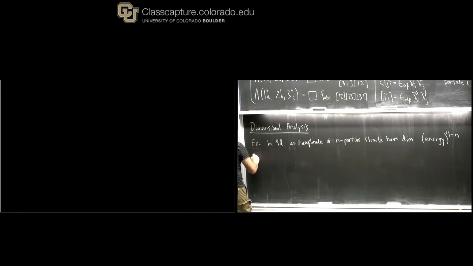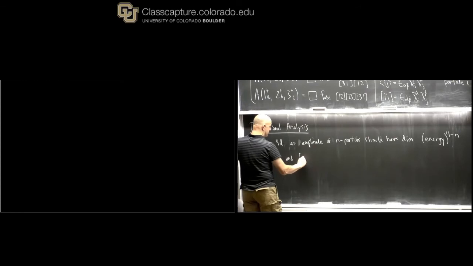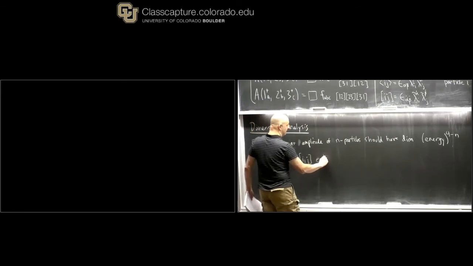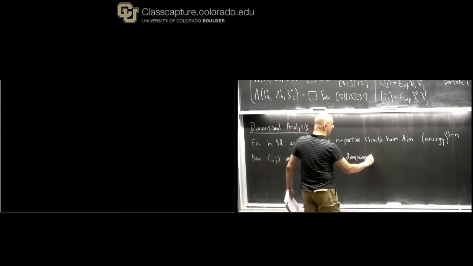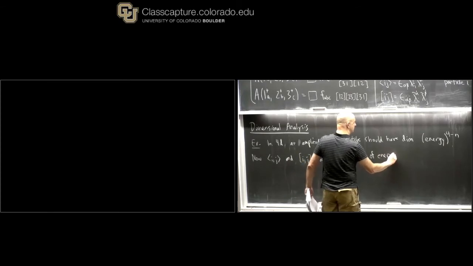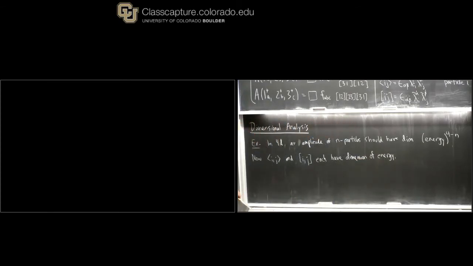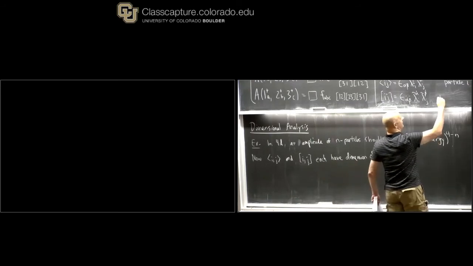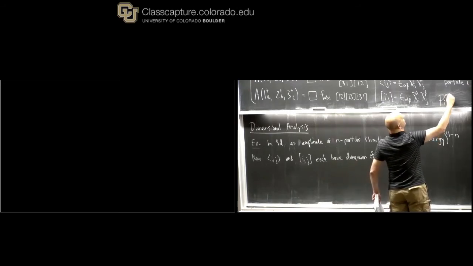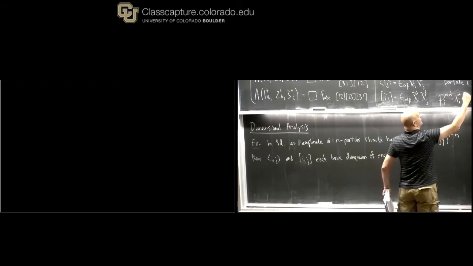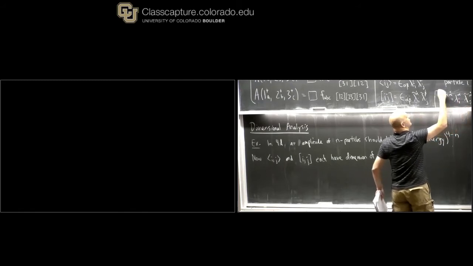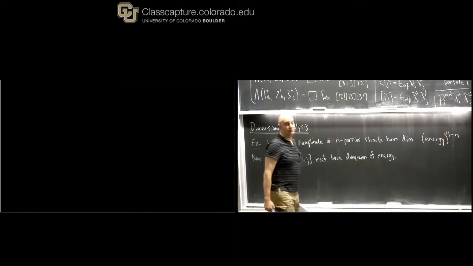If you do that exercise, you'll find that an n-particle amplitude should have dimension energy to the 4 minus n. Now, our brackets here each have dimension of energy. The way to see that is to remember the main formula: the momentum 4 vector factors into the product of spinor helicity variables in that way.